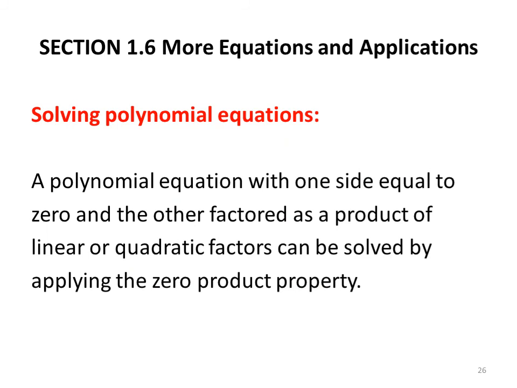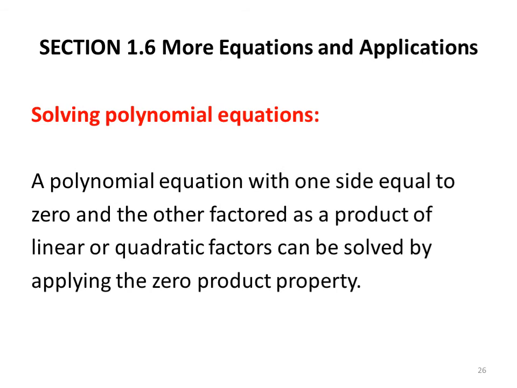Section 1.6, we would like to look at more types of equations and some applications that involve these equations. The first type we will look at is trying to solve polynomial equations. Polynomial equation means the one side will be a polynomial and the other side equals 0.